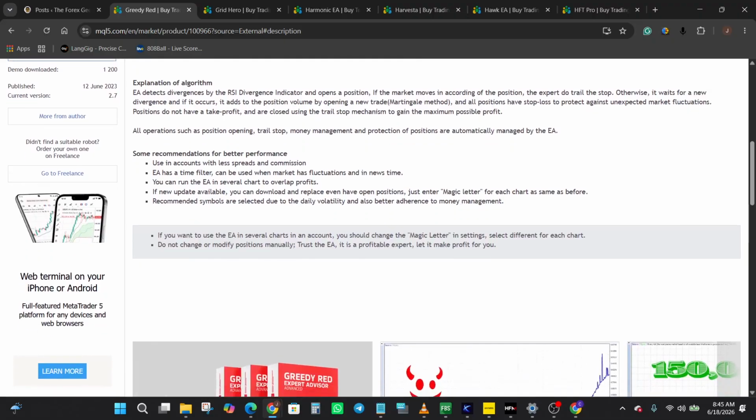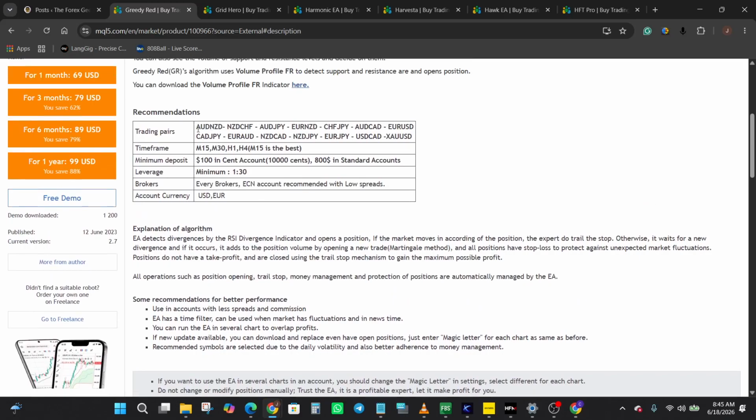Moving into the recommended trading conditions, the EA is designed for several symbols, including EURUSD, USDJPY, USDCAD, AUDJPY, AUDCAD, EURNZD, NZDCHF, NZDCAD, CADJPY, EURAUD, CHFJPY, XAUUSD, and others.